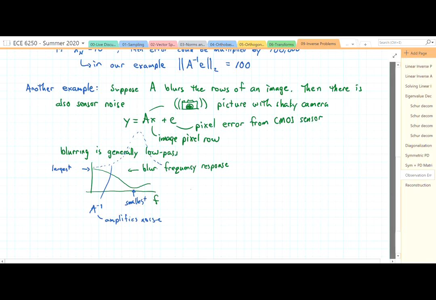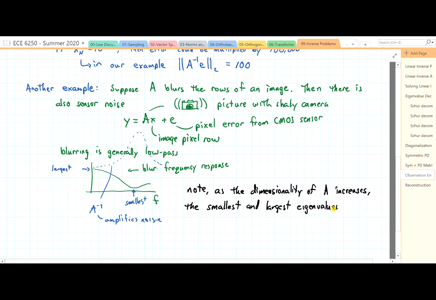One important finding relevant to this is that, as the dimensionality increases, the smallest and largest eigenvalues tend toward the Fourier spectral min and the max respectively.